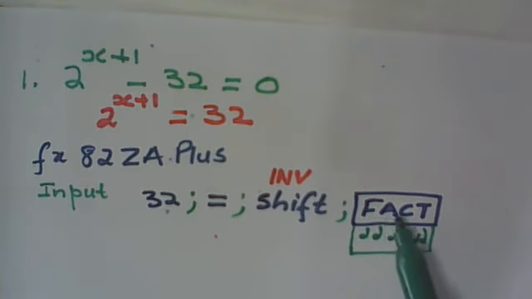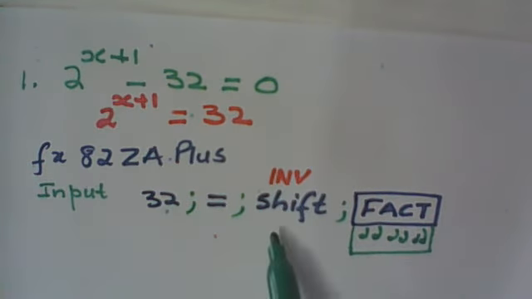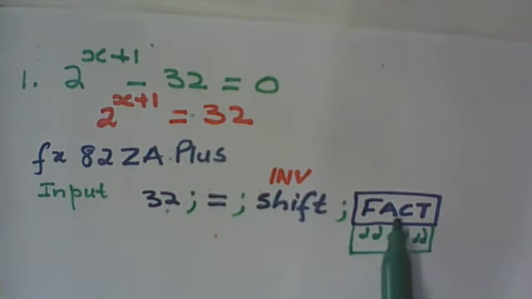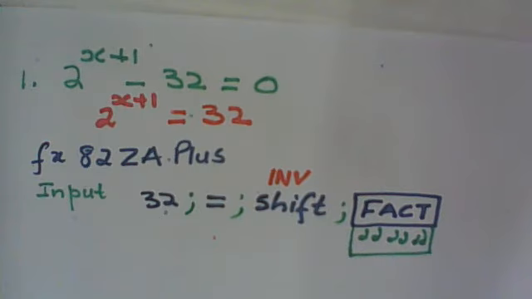This is the base, it's written on the base of the calculator, and this is on the button. So whenever you want to click fact, it's a shift, and then you click on this, and then you will be using fact. What is fact? Fact is factorization. That is prime factorization.